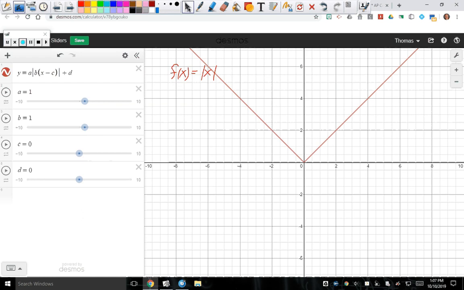Okay, so that is from this equation here. Remember when we were doing our notes, this is the equation that we were looking at. And right now, a, there's nothing there, so it's an understood 1. B, there's nothing there, it's an understood 1. Go with me? And then you still have this plus c, or minus c, which is just 0.